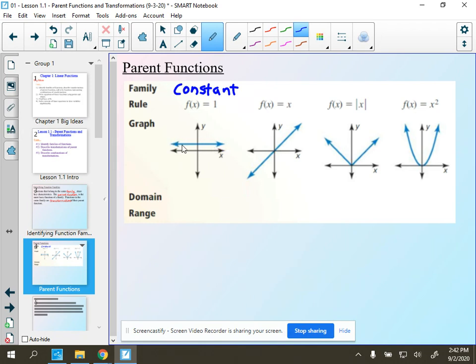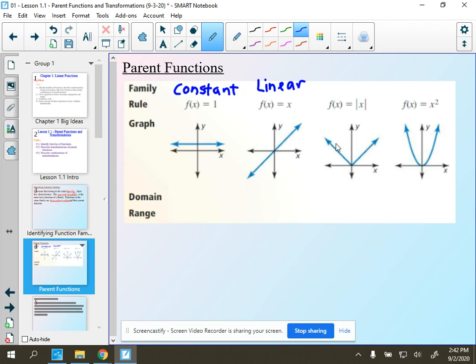The slope is 0 on that line. It's one that we need to know the name of, but we're mainly going to work with these next three here. What we would call the linear family, which is hopefully what we think of when we see a graph like this.